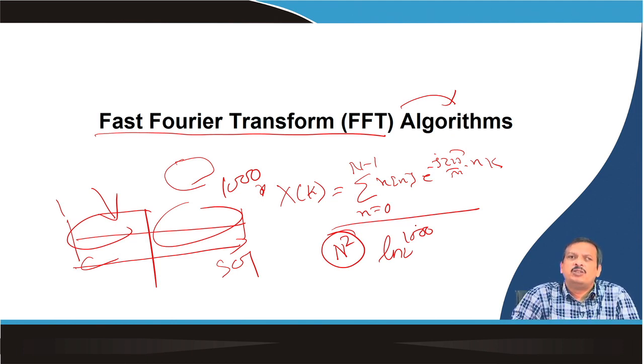So, how do I reduce the number of multiplications instead of N square? That is the basic motto of the fast Fourier transform algorithm.